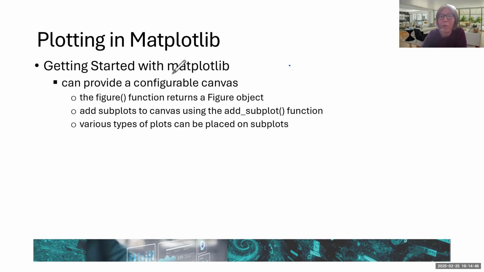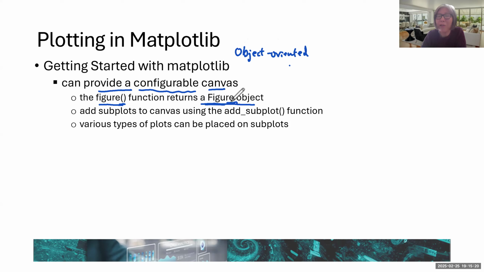One of the major advantages of matplotlib is that it provides what we call a configurable canvas. There is a function called figure, and this function returns the figure object. If you recall, previously we mentioned that matplotlib is object oriented, so that's why it mentions a figure object.